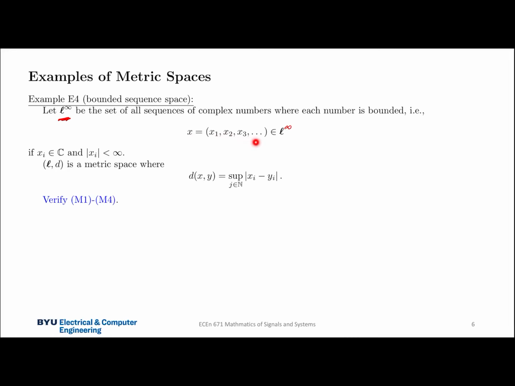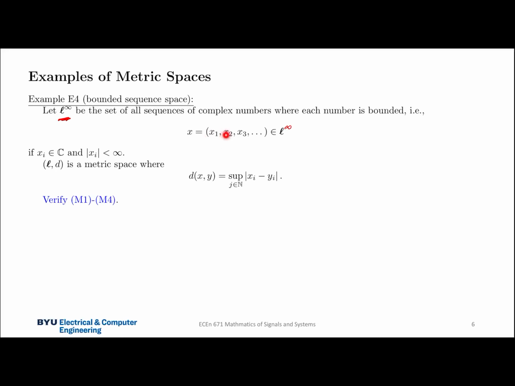So it's this infinite sequence, and each of these elements is a complex number. And the modulus of each of those, in other words, the square root of the real part squared plus the imaginary part squared, has to be less than infinity.